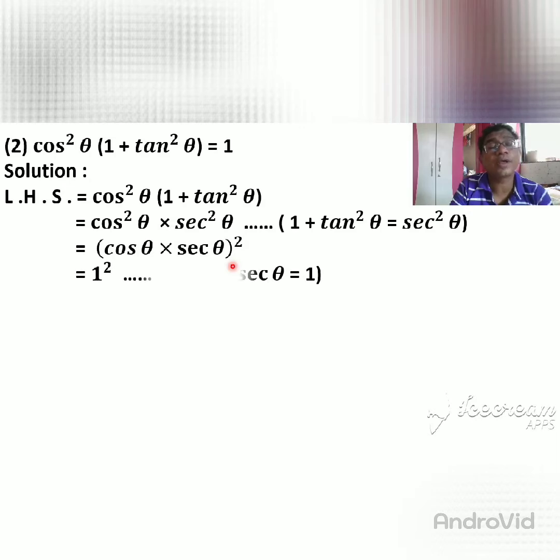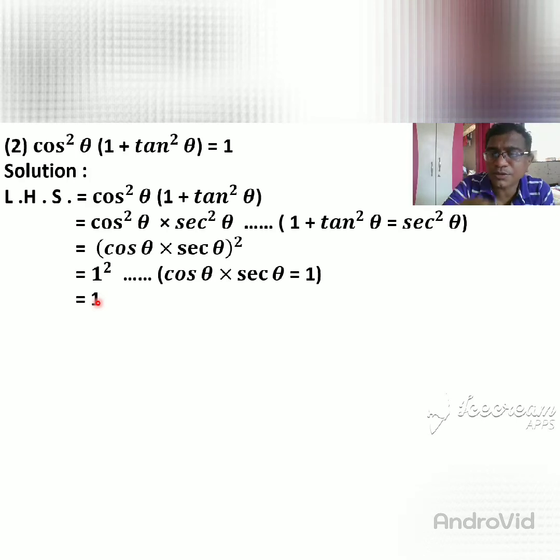See, cos theta into sec theta is equal to what? 1. So I put value 1, bracket square, so 1 square is 1.